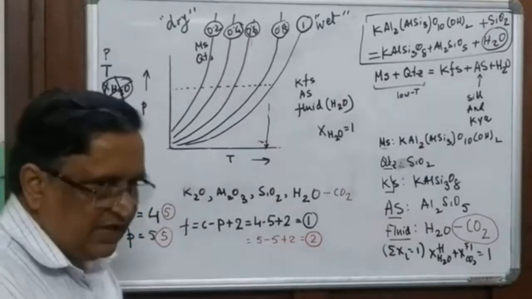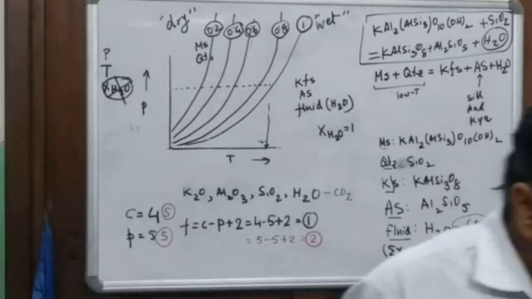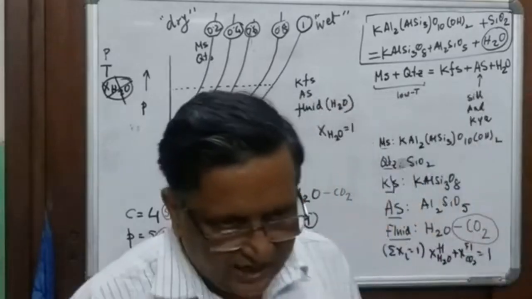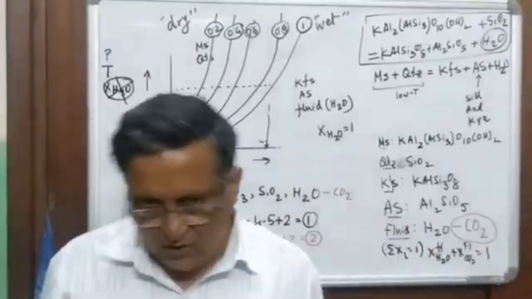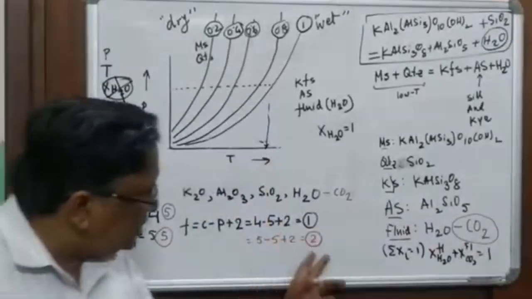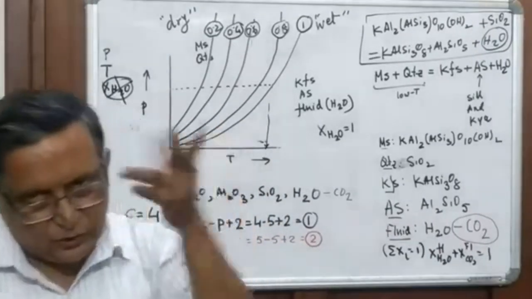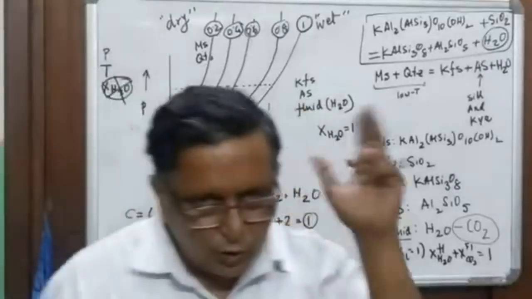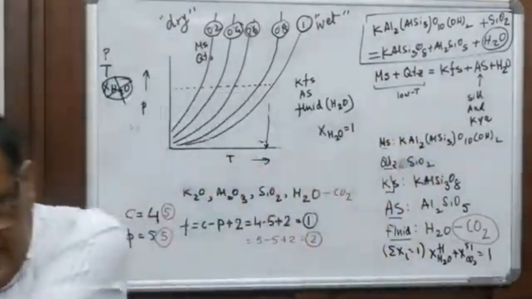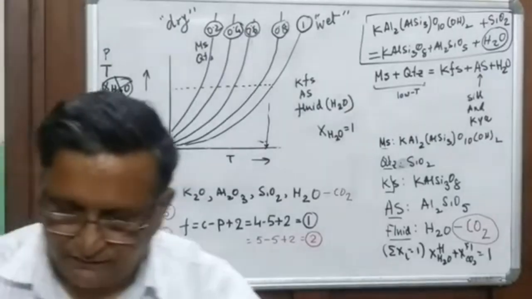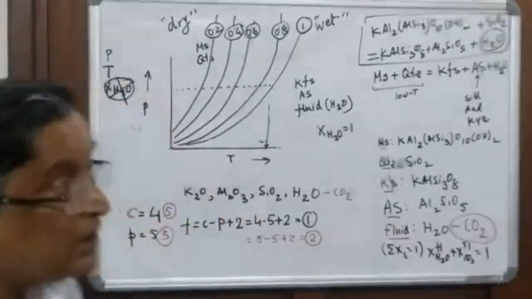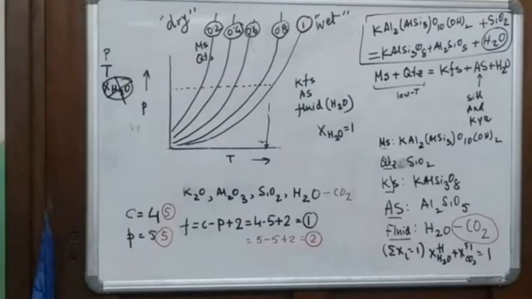Gibbs phase rule tells you that if you want to quantitatively characterize your equilibrium, then you need to give me 2 variables. 2 variables you need to give me external to the system, and I will give you the rest of it. Now, what are the variables?